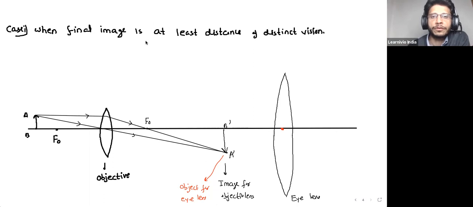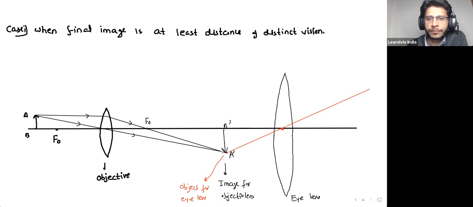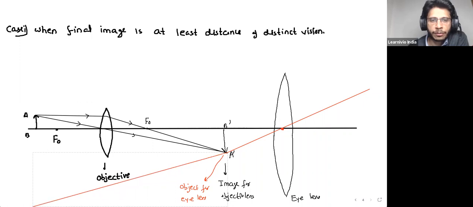So now these rays will pass through this eye lens. One will pass through the optical center. The ray which is passing through the optical center will go straight. It will not deviate anywhere. You can produce it in the backward direction.